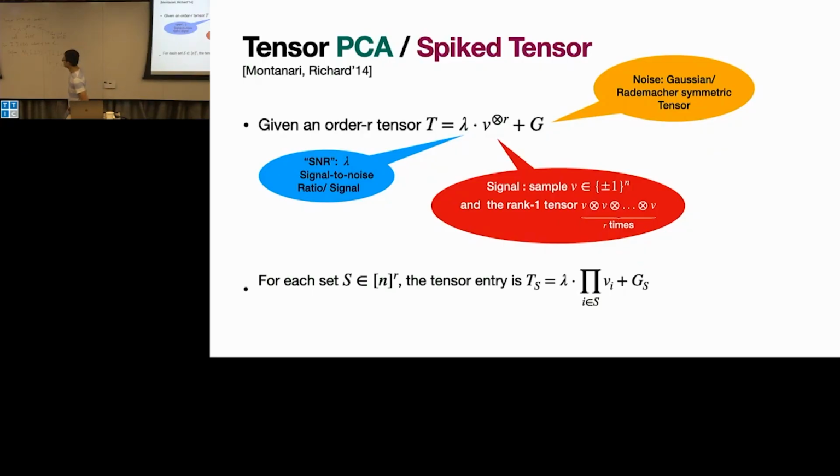This signal is perturbed by some noise, which you can think of as Gaussian or Rademacher for now. So for each set S of size R in this order R tensor, the tensor entry T_S is given by lambda times the product over all indices i in S of V_i, plus the corresponding Gaussian noise for this entry.